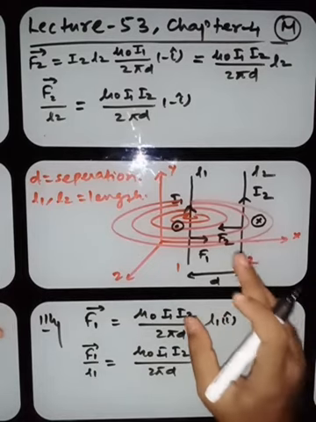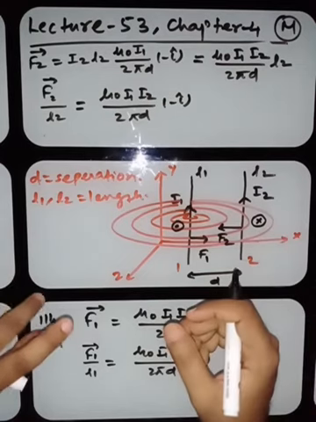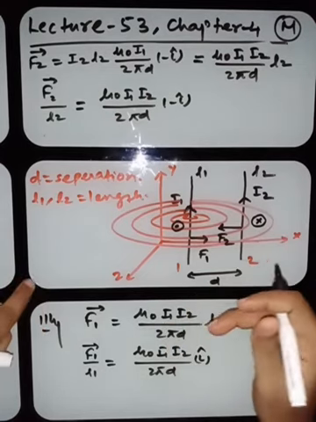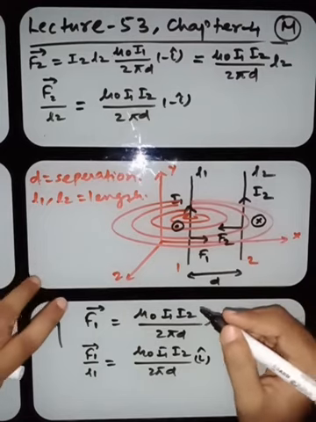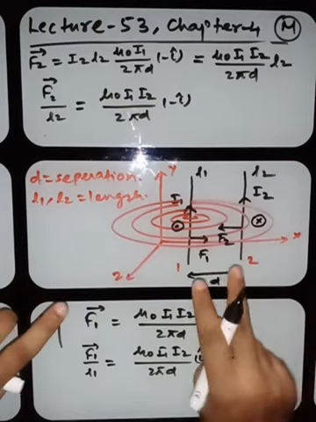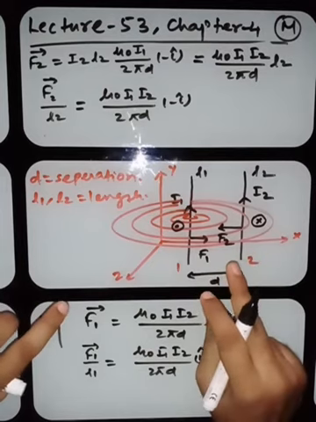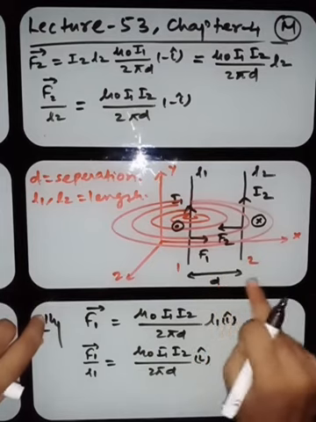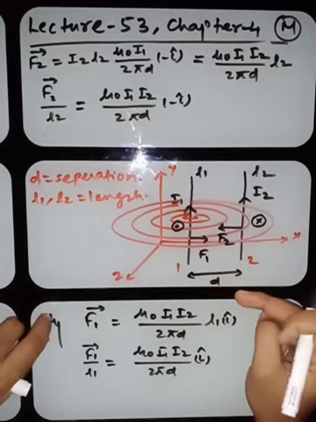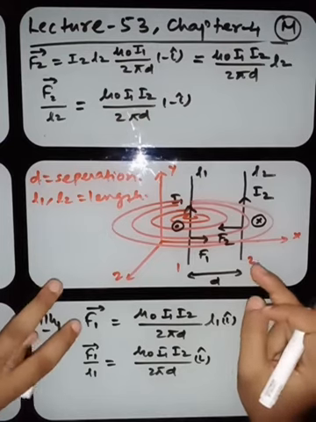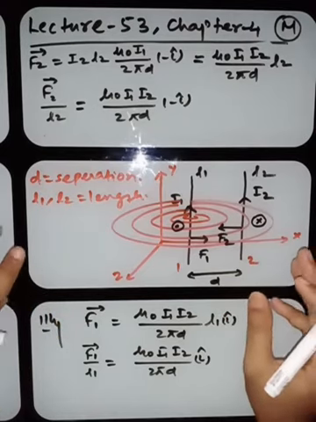Now write down: 1 ampere is the current which, when flowing in each of two parallel wires in vacuum separated by 1 meter, exerts a force of mu naught by 2 pi Newton, which is numerically equal to 2 into 10 power minus 7 Newton. This is the definition of 1 ampere.